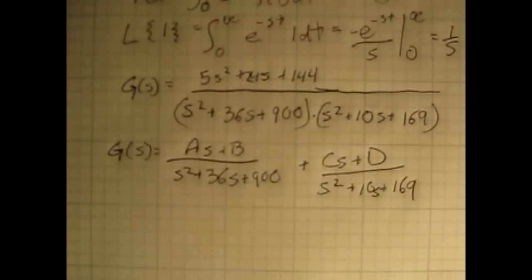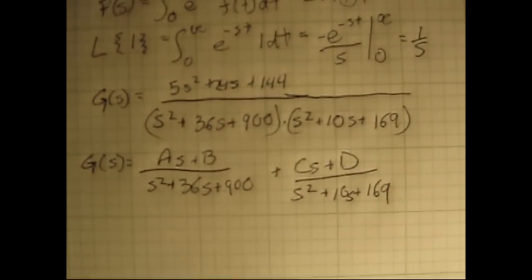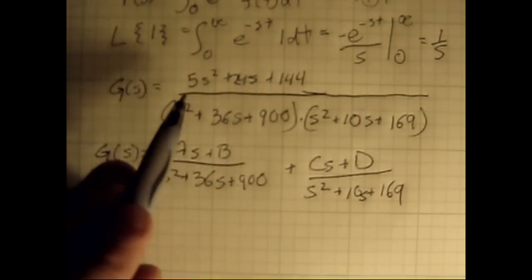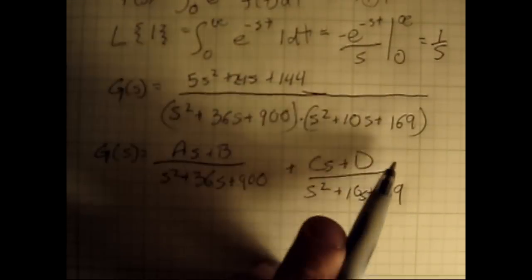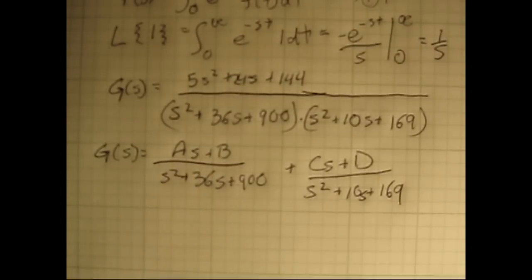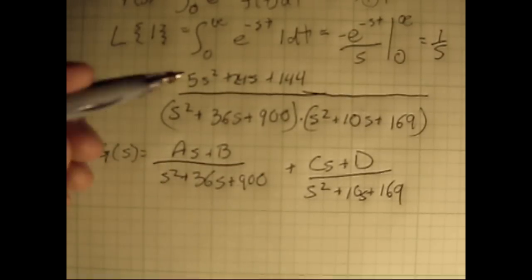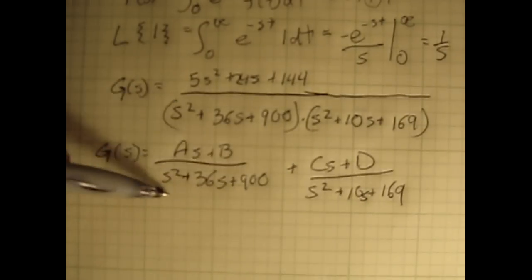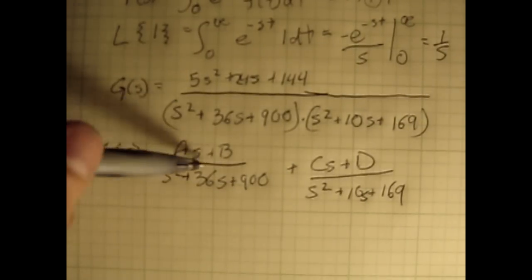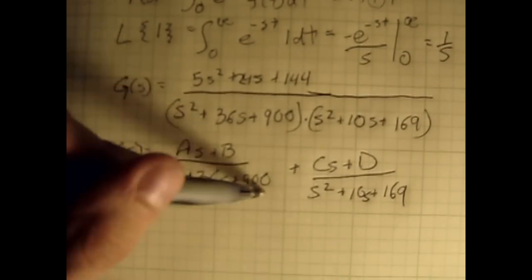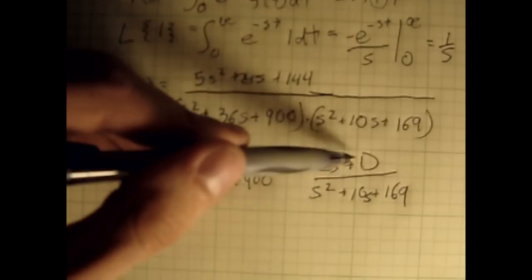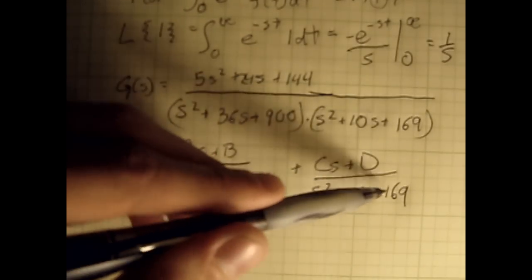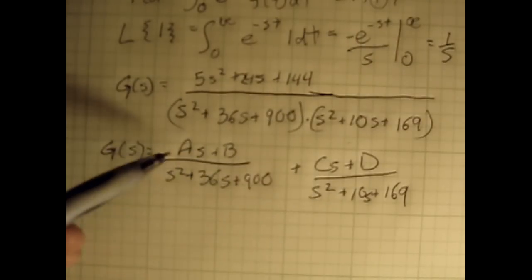So we want to get into this form right here. We also know that this is equal to this. We want to find it so that this right there is equal to this right over there. So if we go ahead and multiply this side, find a common denominator, we'll multiply the bottom polynomial by the one on top, and then vice versa, we'll multiply s squared plus 10s plus 169 by this.